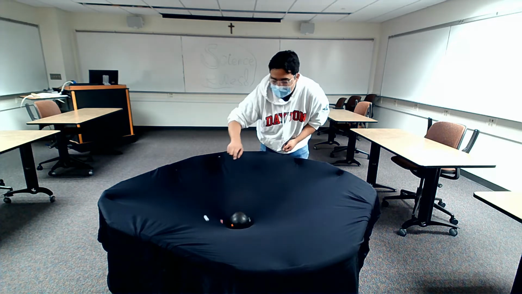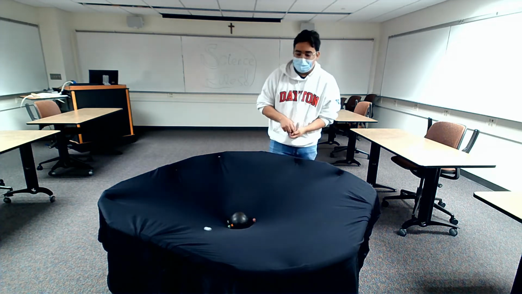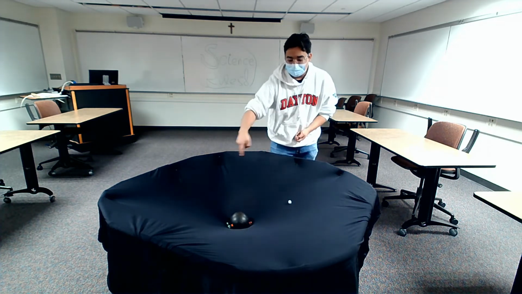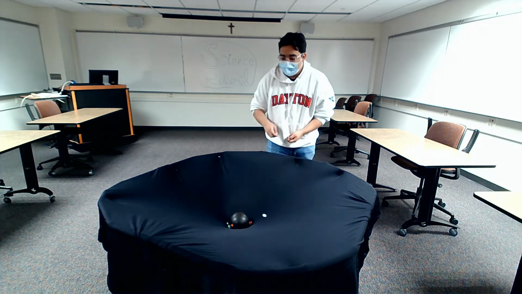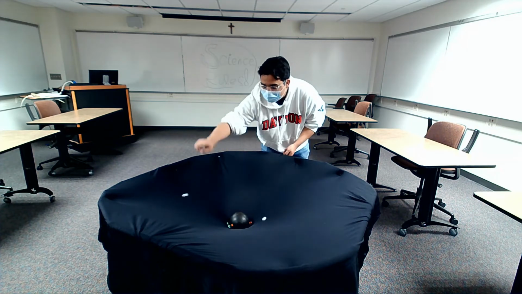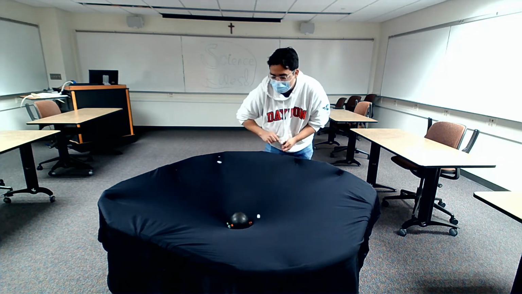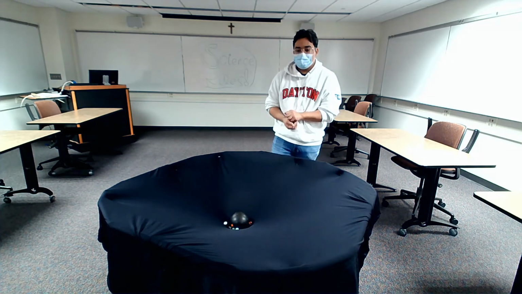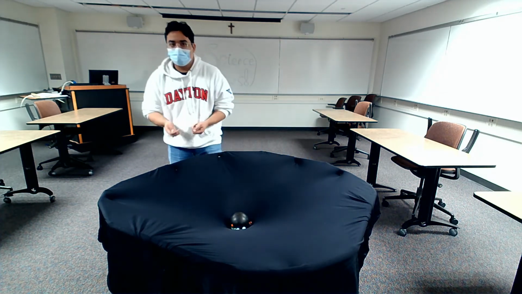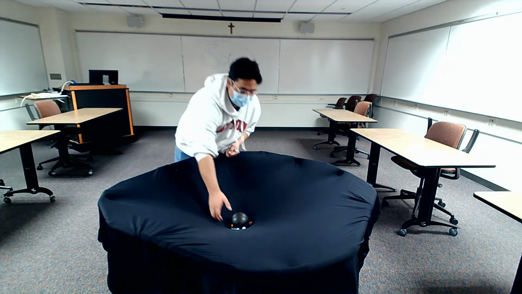So when I throw that slowly, it'll go into a nice, slow orbit around the sun. But when I throw it faster, it's able to escape the sun's pull and escape the gravitational attraction it has there.